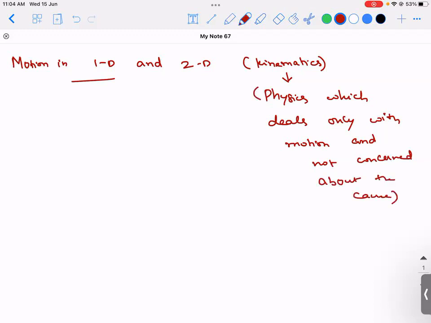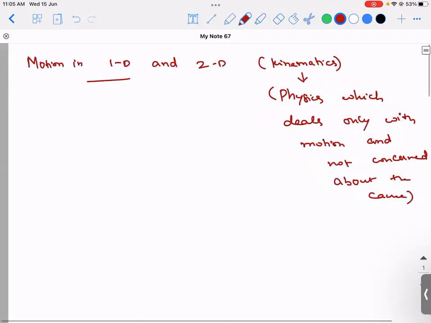If you talk about a branch of physics which deals only with the motion of an object and it is not concerned about the cause which is making that object move, then you call it kinematics.